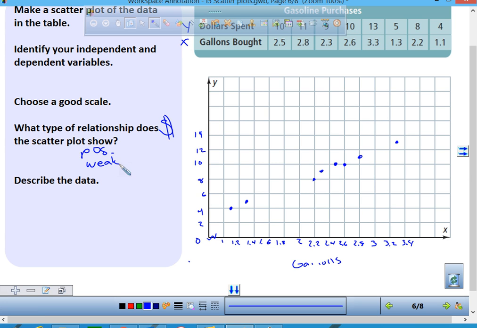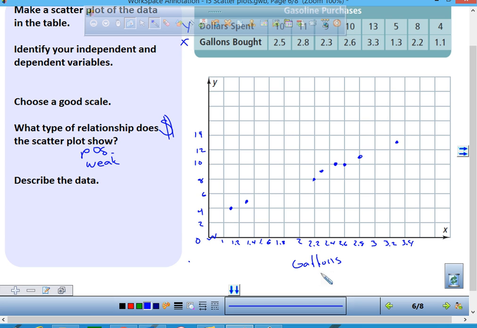Okay? Describe the data. Describe the data as what does what, then the other variable does something. As the balance increases, the other obviously decreases. That's what I want to hear. Okay, Alex? Good.